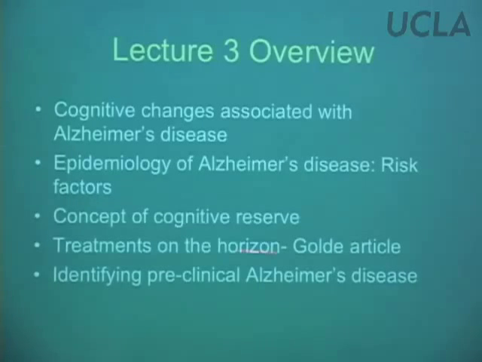And talk a little bit about some of the highlights of the Golda article with some of these treatments on the horizon. And then just briefly talk about the importance of being able to identify preclinical Alzheimer's disease, which is another very big, important area in this field.